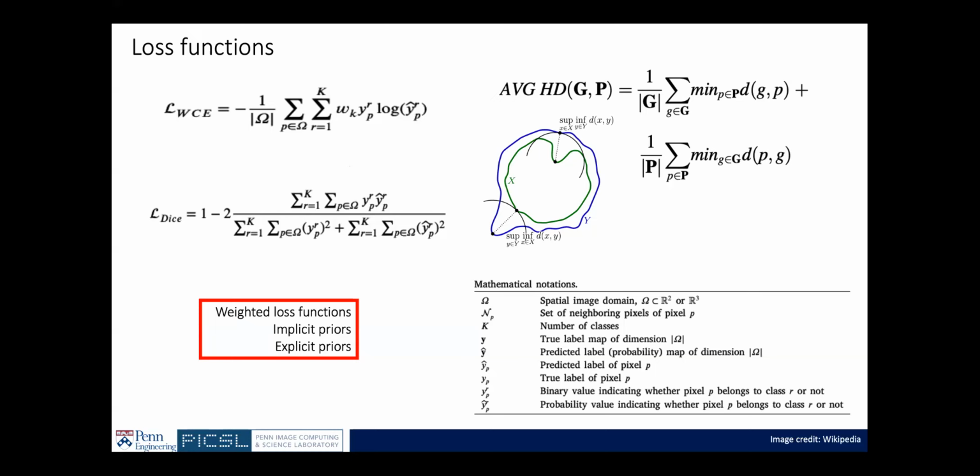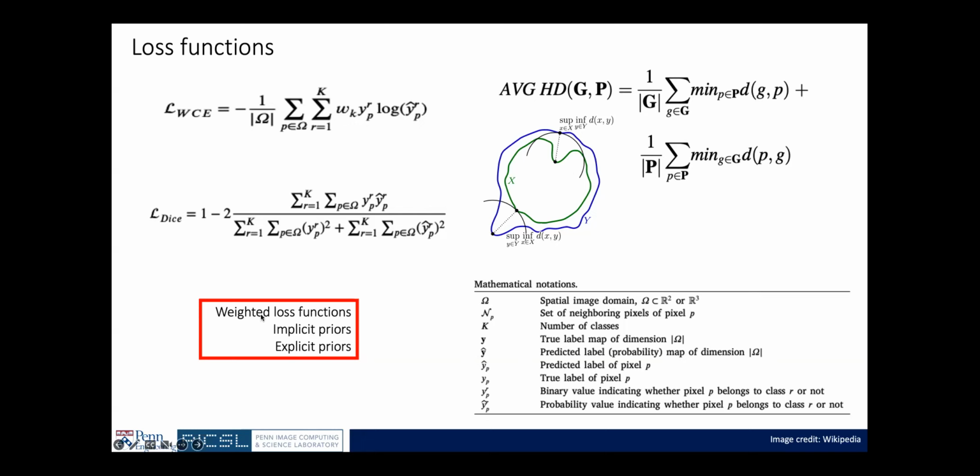So in 3D, let's say you have a ground truth segmentation of your brain and a predicted segmentation of the brain. You can compute a Hausdorff distance or any surface-based distance between the surfaces of those two structures. And then you can always have combinations of different losses. I guess these are things that you have already seen.